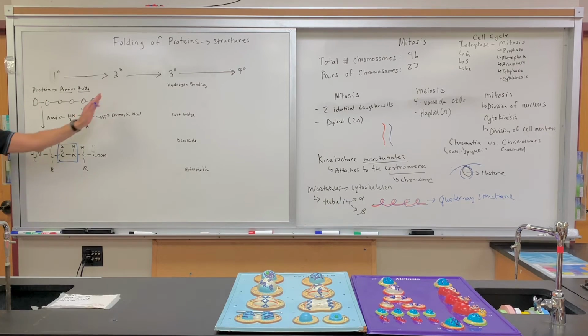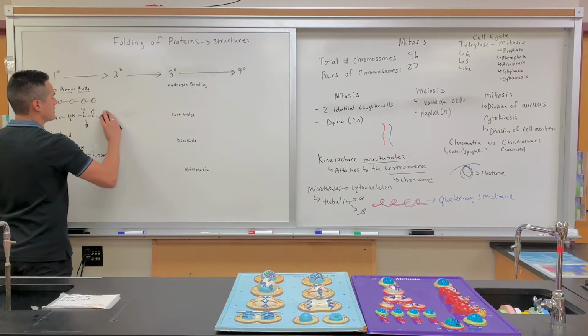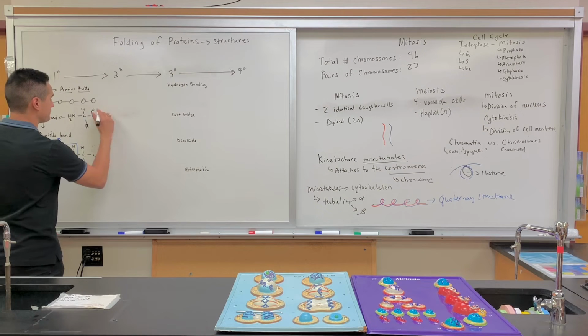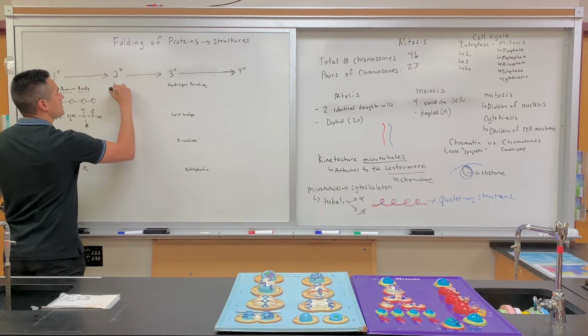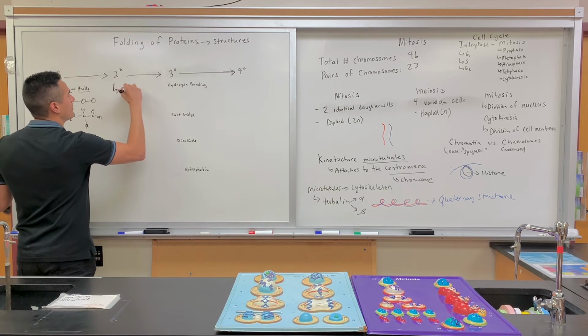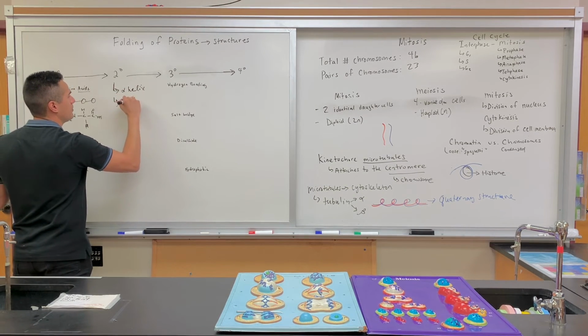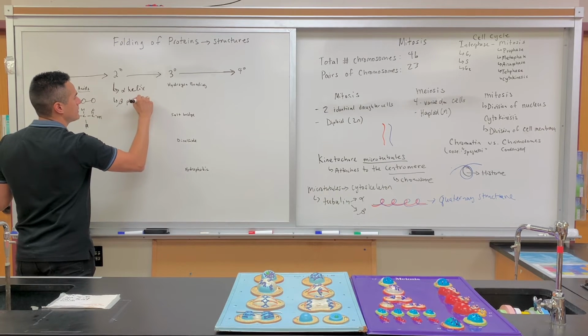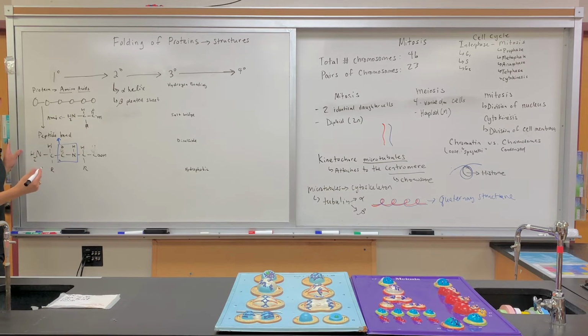But then what will happen is we'll get to our secondary structure. You should know this from functional. We have alpha helices and beta pleated sheets. Ringing a bell? Yeah?